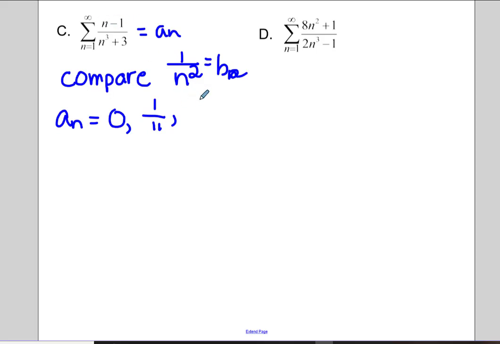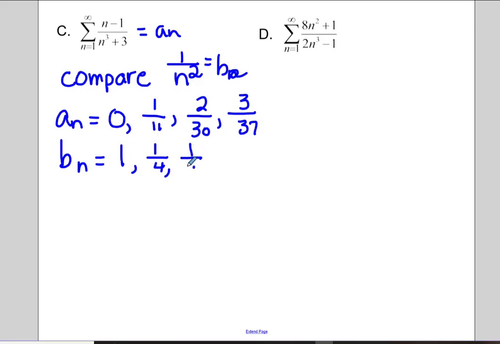Then 3 minus 1 makes 2 in the numerator, and 3 cubed plus 3. And 4 minus 1 is 3, and 4 cubed plus 3 is 67. And then our b sub n is 1 over 1, and then 1 over 2 squared, and 1 over 3 squared, and then 1 over 4 squared.